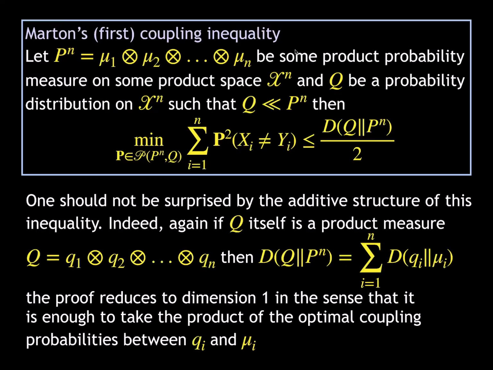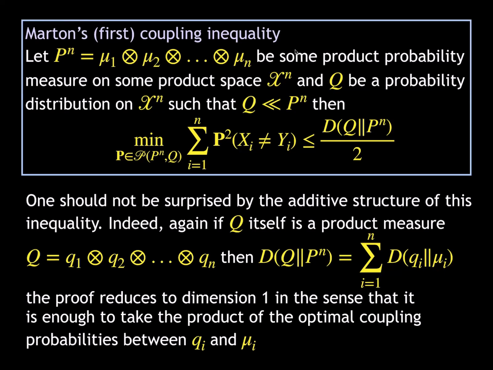So as I have already mentioned, you should not be surprised by this additive structure, because if the probability Q itself happened to be a product measure, then the computation of the relative entropy between Q and Pn would merely be the sum of the relative entropies between the marginals.